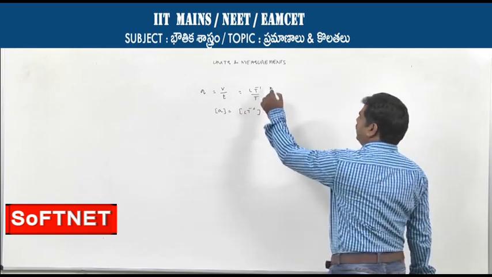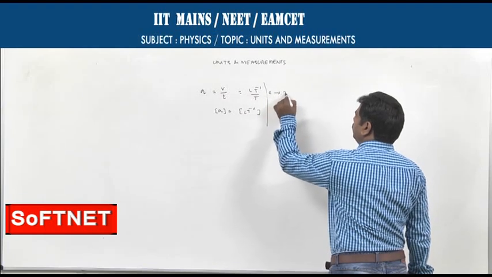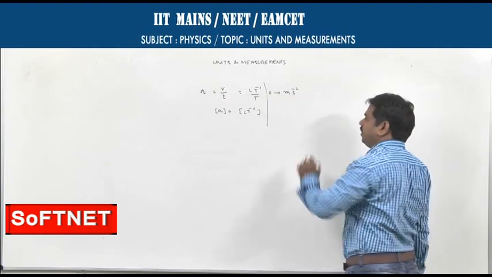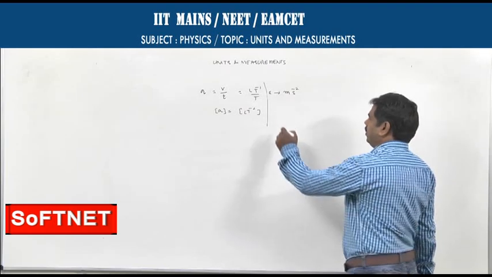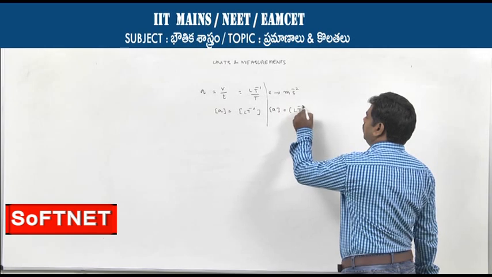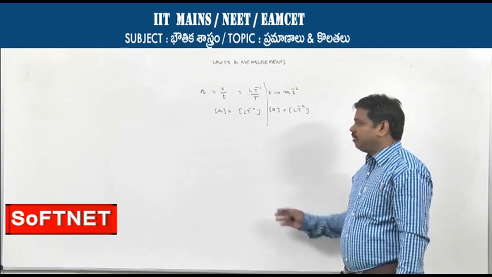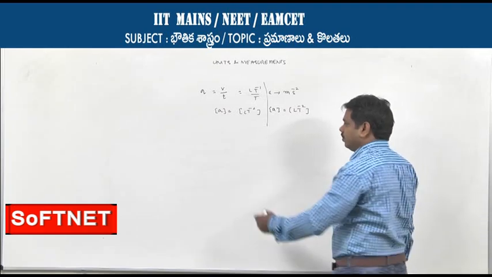And of course, the same can be derived by using the unit of acceleration also. The unit is meter per second square, and the dimensional formula comes as LT power minus 2.